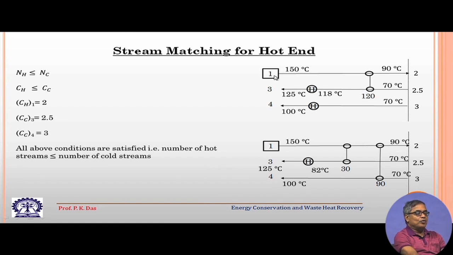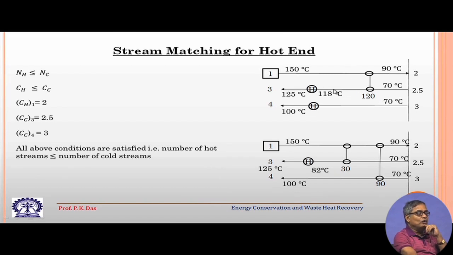By that we will be able to get the pinch temperature for the hot stream, and then we do not have to bother about the hot stream, because at this end the hot stream is to be cooled from 150 degrees Celsius to 90 degrees Celsius only. So, we can tick off the hot stream. This is called the tick off method.